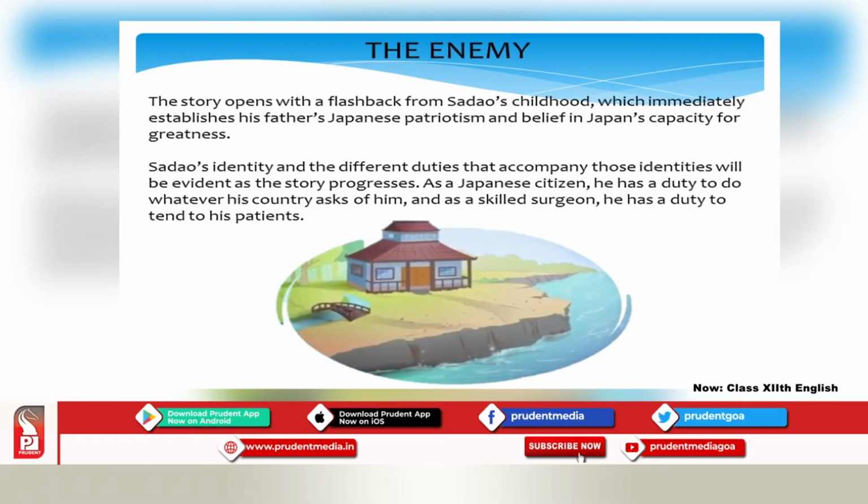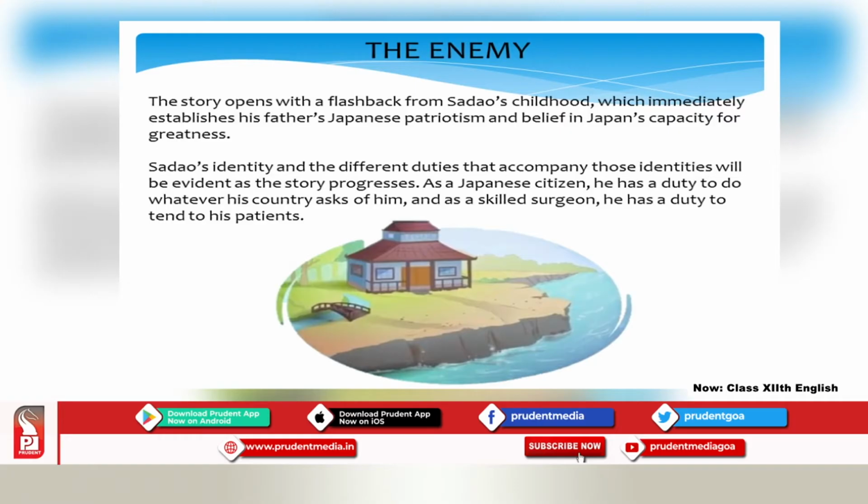So the story opens with a flashback from Sadao's childhood, which immediately establishes his father's Japanese patriotism and belief in Japan's capacity for greatness. So students, despite the fact that Sadao's father is not living any longer, Pearl S. Buck has made an effort to create an image of Sadao's father as a nationalist of Japan.